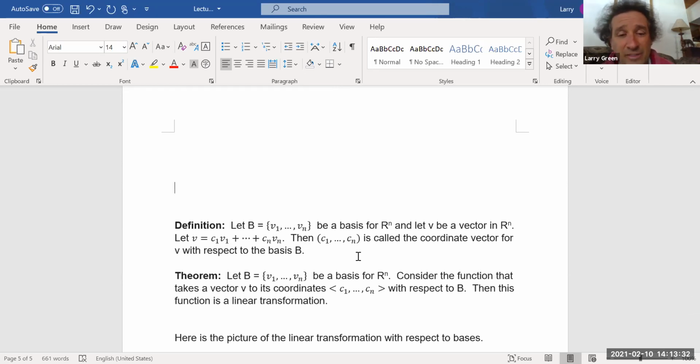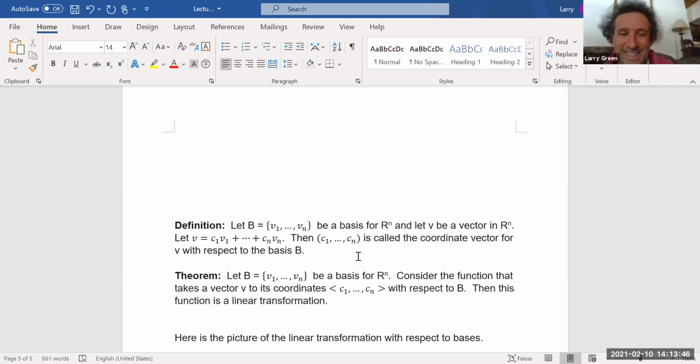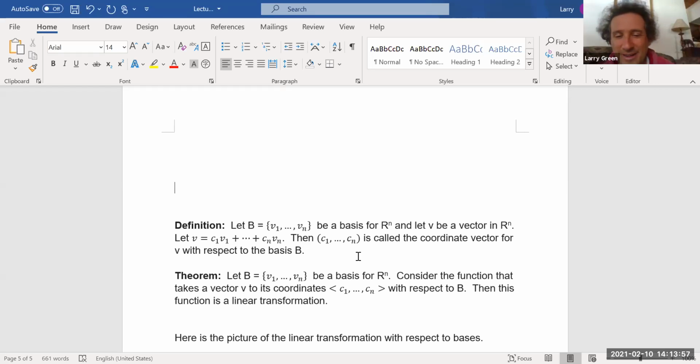Okay, and if I choose a different basis, will I get the same coordinates or will I have different coordinates? If it's a different basis, I get different coordinates. So for example, if I use a standard basis, let's say in R2, 1, 0, and 0, 1, then I could look at the coordinates 5, 2.